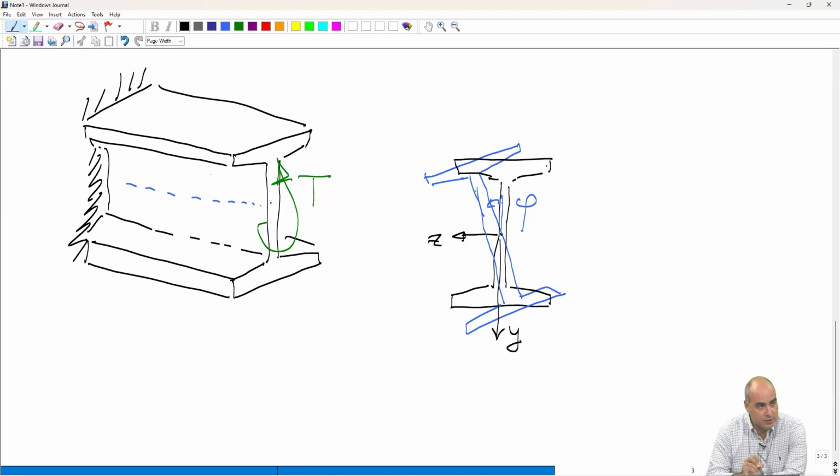This cross section here will warp in such a way that it will tend to go inward. Imagine that that is constrained in the wall. It will tend to push on that side, and it will tend to detach from the wall on the other side.